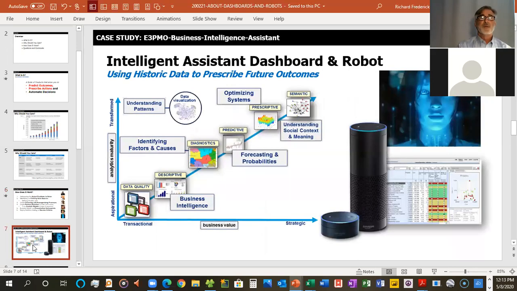All right, so first of all, for those of you that aren't familiar with business intelligence, let me talk about what it is and give you a really quick primer on dashboards.